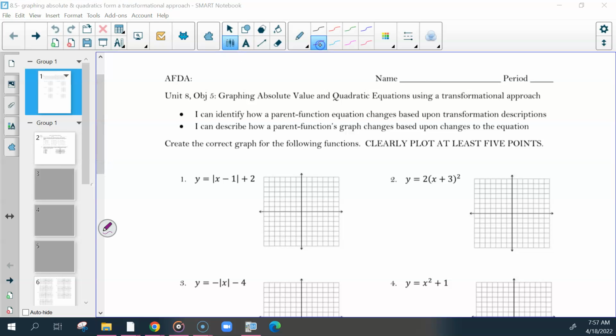But today we're going to be talking about how to graph absolute values and quadratics. So we kind of already touched on the quadratic piece last unit, but we're going to revisit that, how we can do this kind of without a calculator. You will still have a calculator, you can use it, but I'm going to show you how to do that without one.